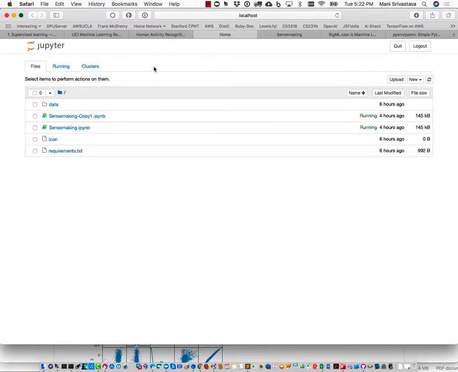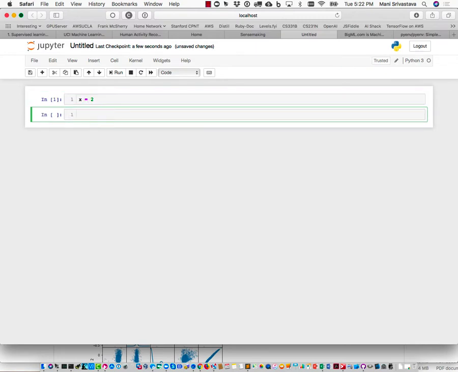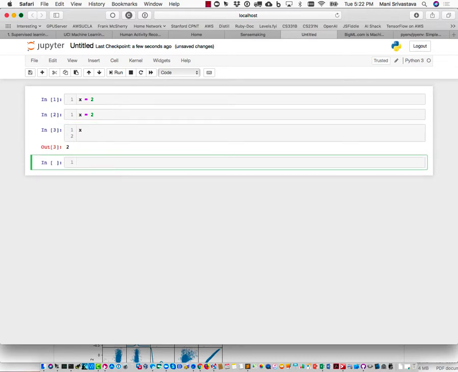Before that, when you fire up Jupyter Notebook, you get a screen like this, and you can create a new thing. You can create various kinds of files. You can create a new Python file, and now you have Python running in the browser. You write text in a cell, and to evaluate it, you press Shift and Return, and it calculates it.